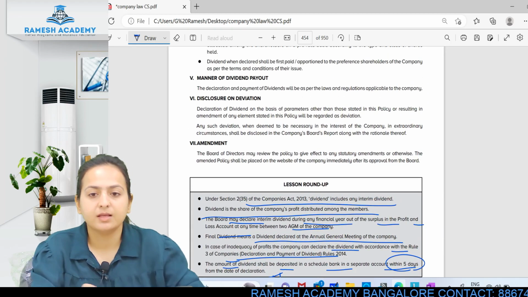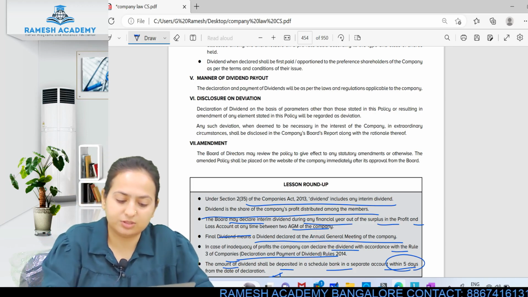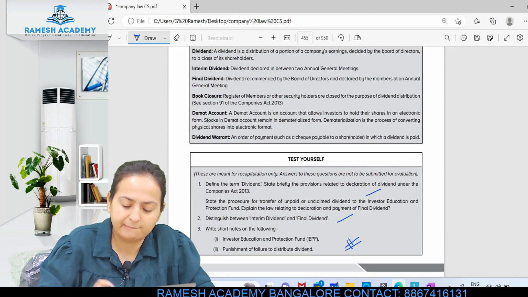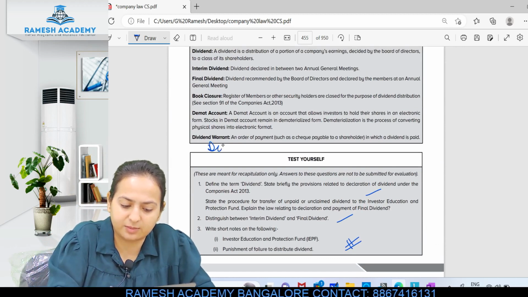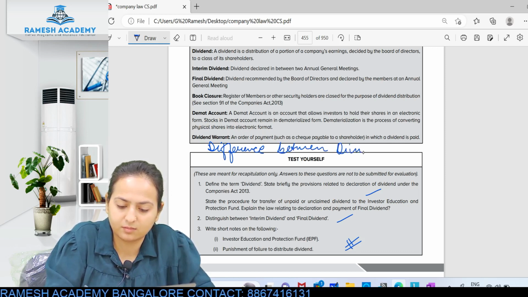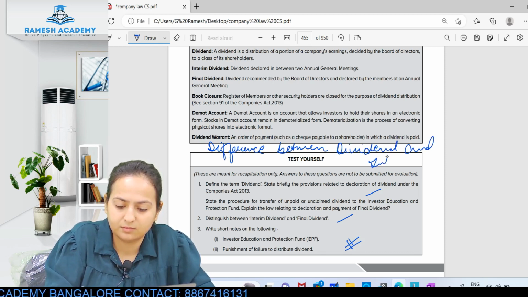Just write down only one question. Other questions are covered in your chapter. Difference between dividend and interest.